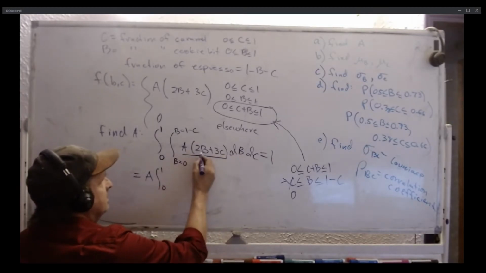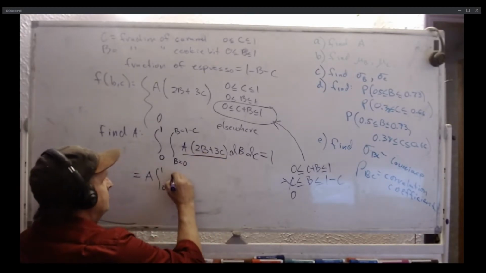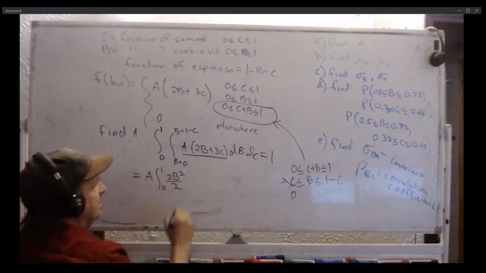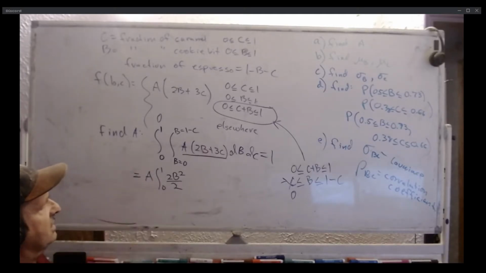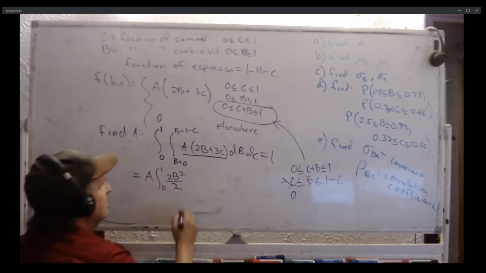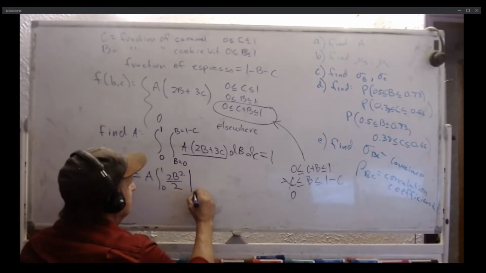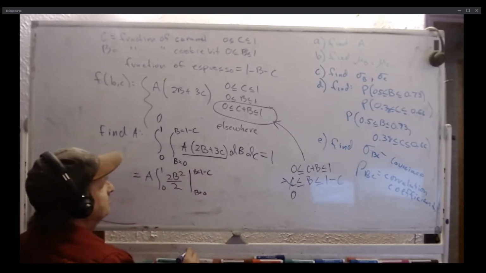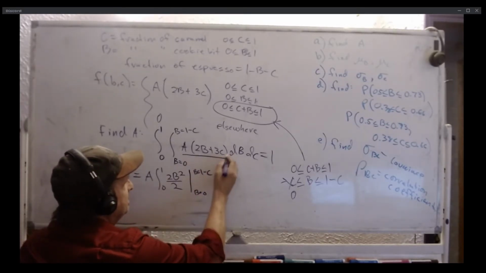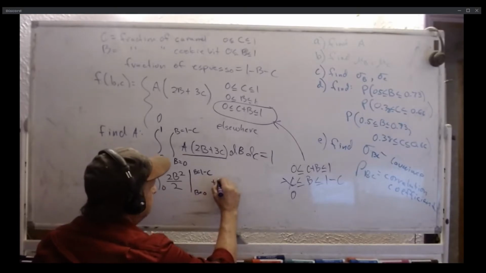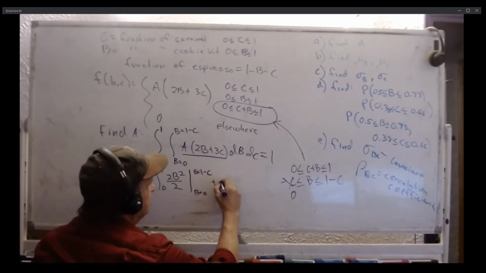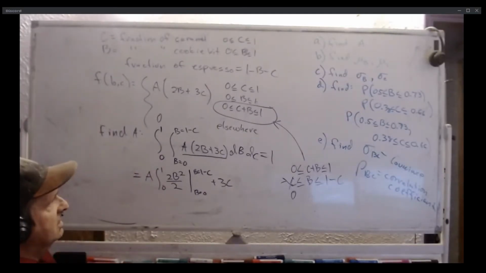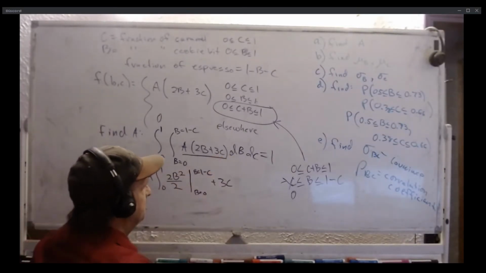Okay. So the integral of 2b db equals b squared. If you want to be totally concise, it's 2b squared over 2. So the 2's are going to cancel. I hope that's obvious. This term is going to be evaluated from b equals 0 to b equals 1 minus c. Okay? And then we have the plus 3c to worry about, don't we? Well, again, the 3c is a constant. Okay? So we're integrating a constant with respect to b.